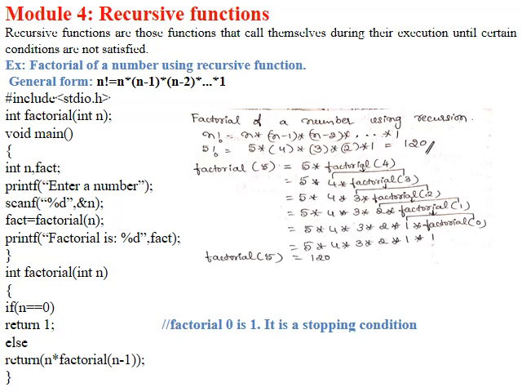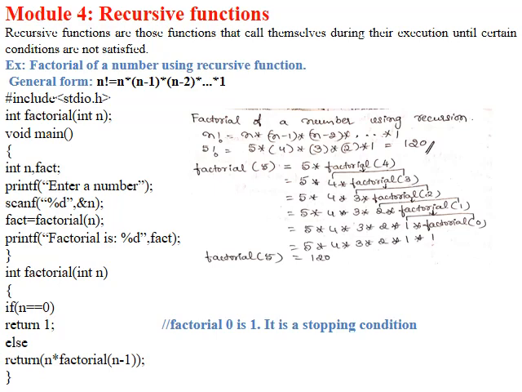So now 2 into factorial of 2 minus 1, which is 2 into factorial of 1. So again the factorial function is called, and control will come back to int factorial(int n). Now you can see here 5 into 4 into 3 into 2 into factorial of 1.